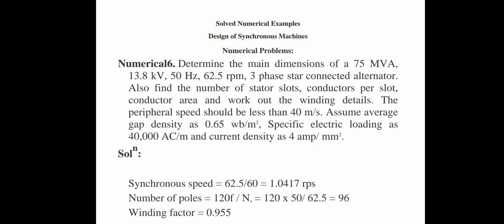The peripheral speed should be less than 40 meter per second. This is the condition given for you, that the peripheral speed must be lesser than 40 meter per second. We have to ensure this. Assume average gap density as 0.65 Weber per meter square, a specific electric loading as 40,000 ampere conductors per meter, and current density as 4 ampere per mm square.